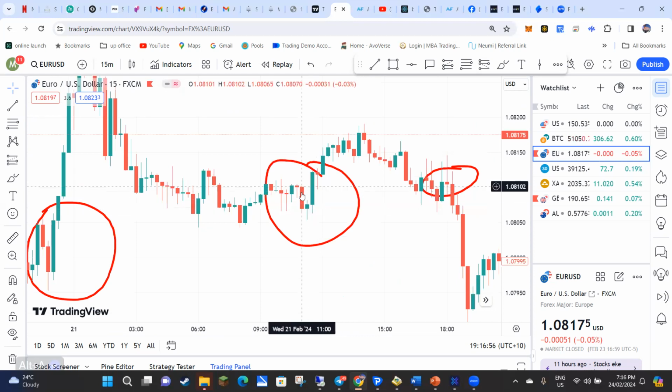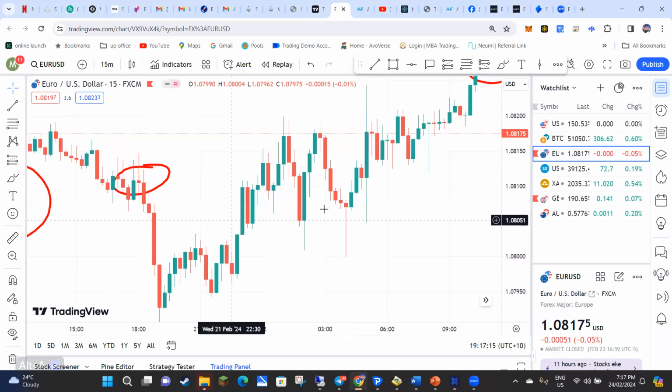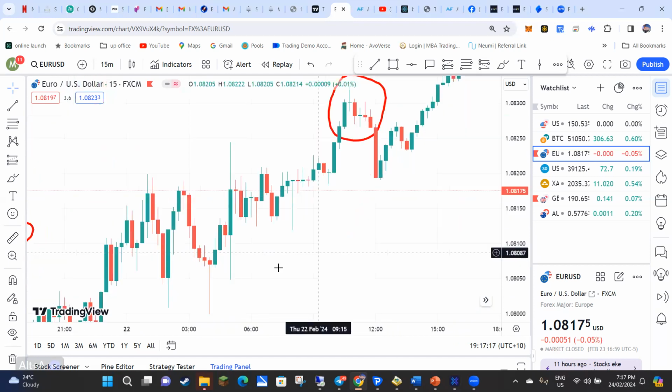We've got a big red one, a little candle, and then a big green one, which goes further than the red one does. It's important that it does go further than the red one, otherwise it's not going to be definite at all.